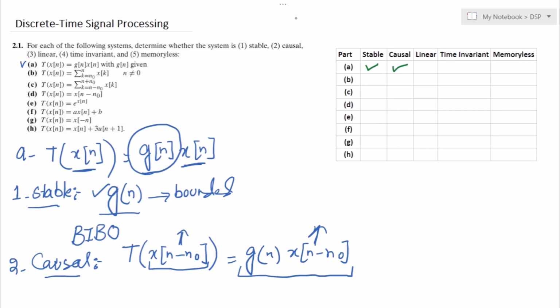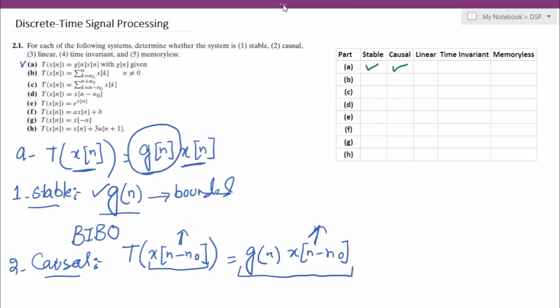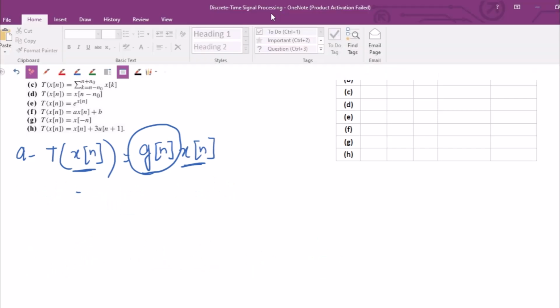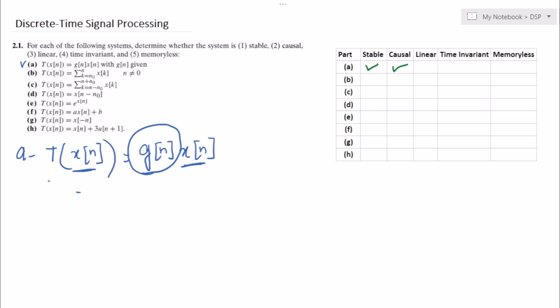Now in order to see the linearity of a system, let me remove these two. As I have previously stated, the system will only be linear if it follows the conditions I told you before. It will be the same system, then it will be added together here.